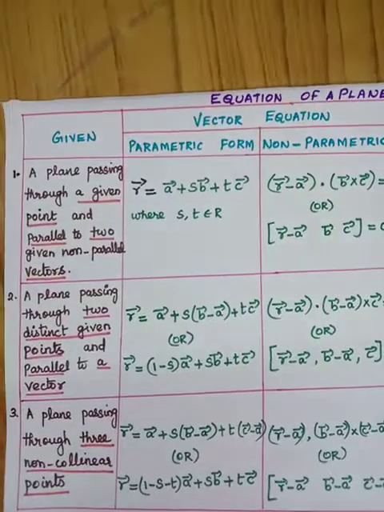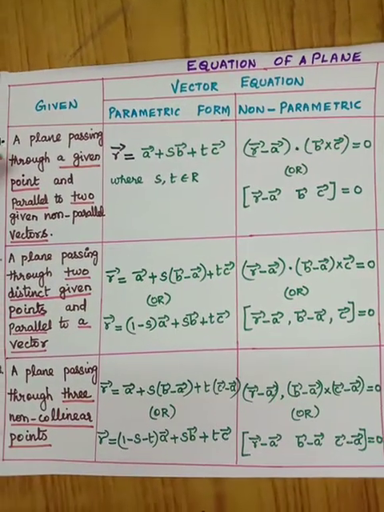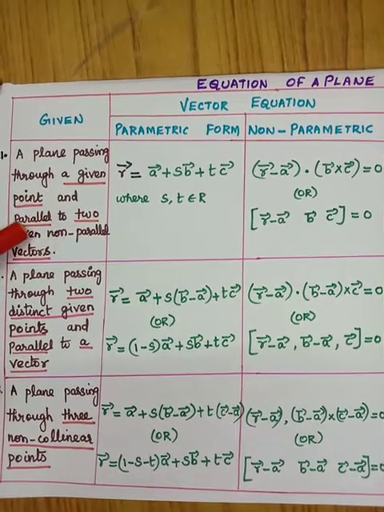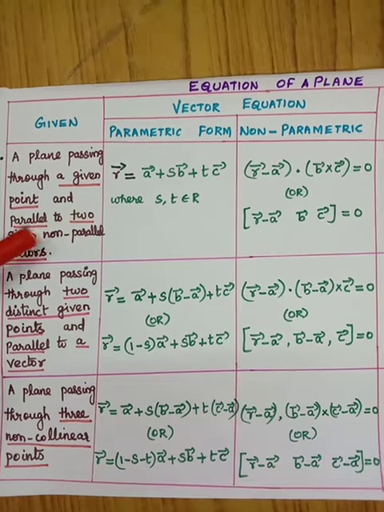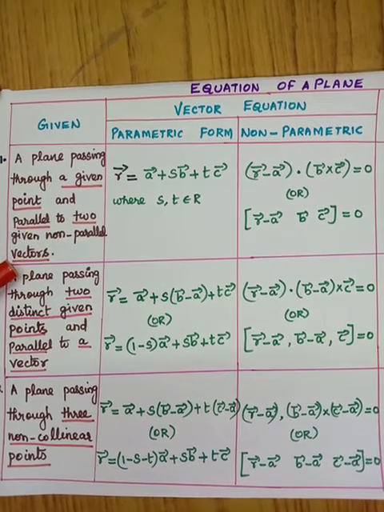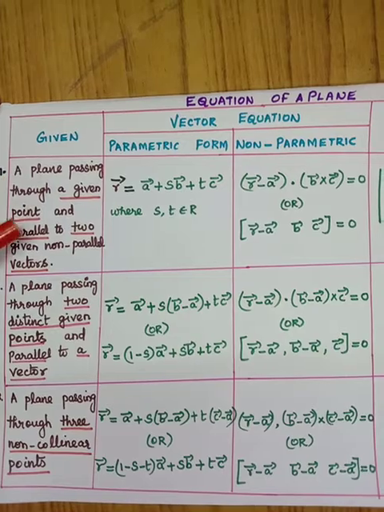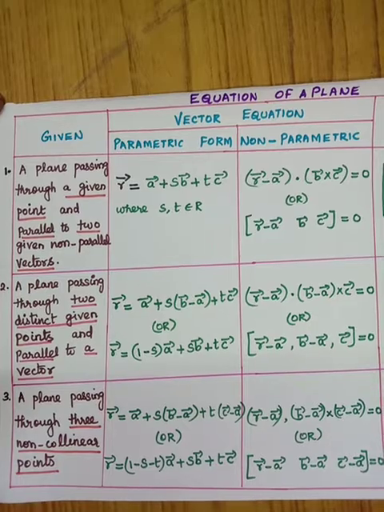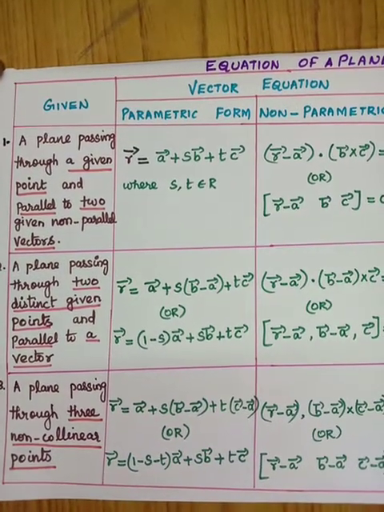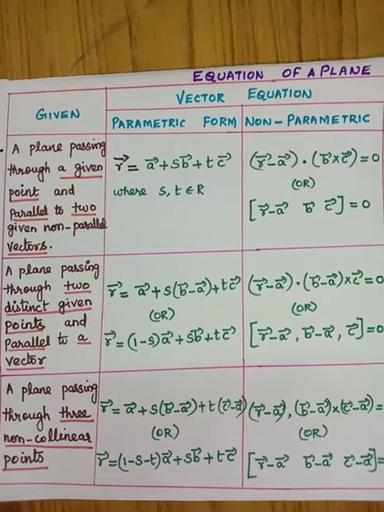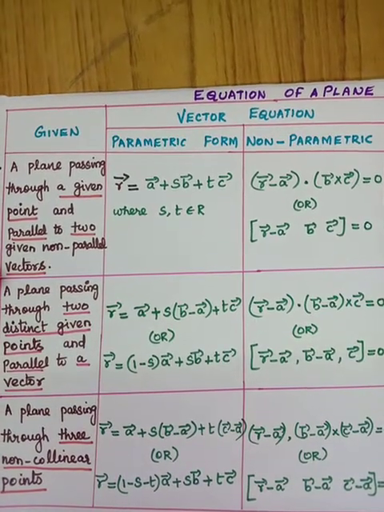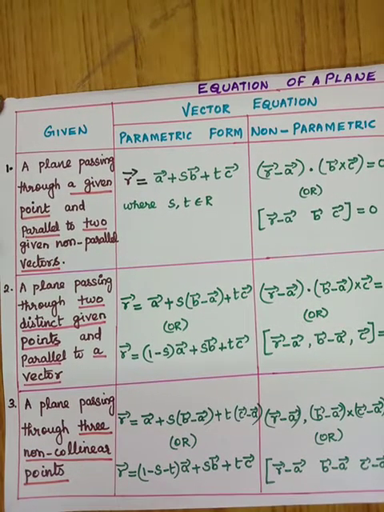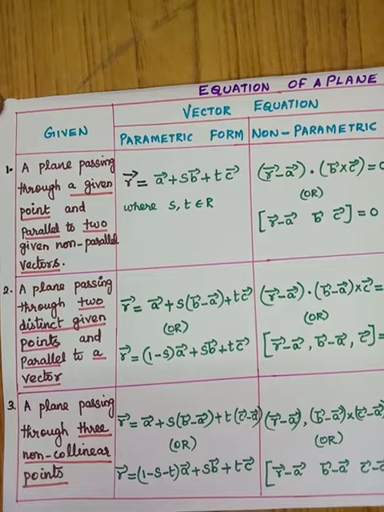Equation of a plane when a plane passes through a given point and is parallel to two given non-parallel vectors. Okay, here the plane passes through one point and is parallel to two vectors. How are the two vectors? They are not parallel to each other, but the plane is parallel to the vectors. So one passing point and two vectors which are parallel to the plane.